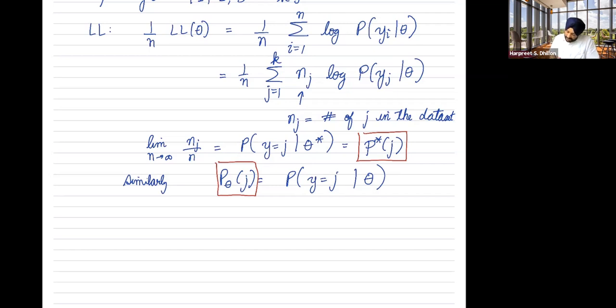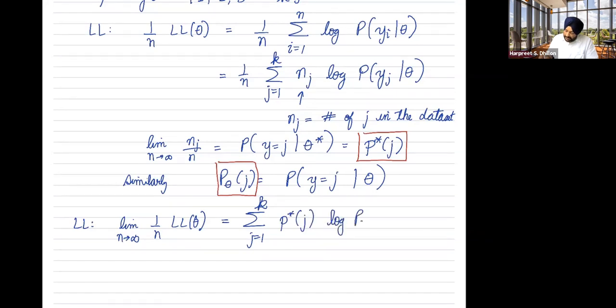So we are looking at the log likelihood again, limit n tends to infinity of 1 over n, log likelihood of theta. It's nothing but the sum over j equals 1 to k. I'm absorbing this 1 over n term with n_j to write that as p star of j, and log of p theta of j.